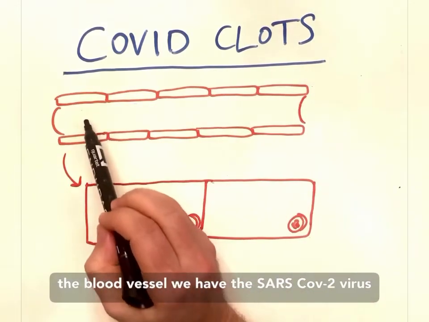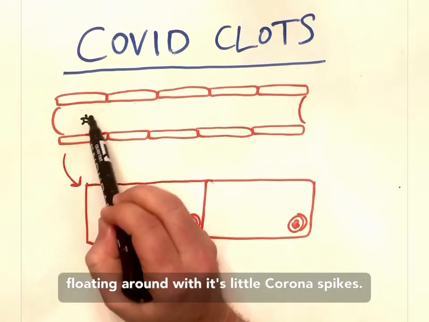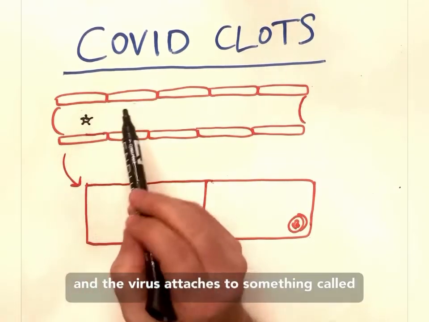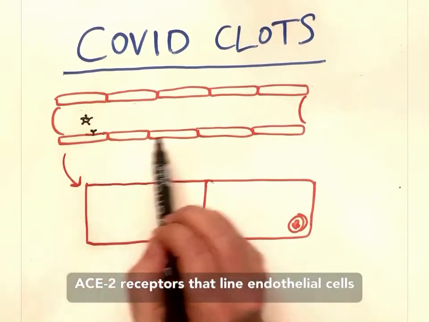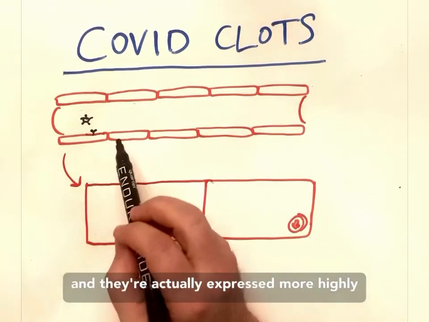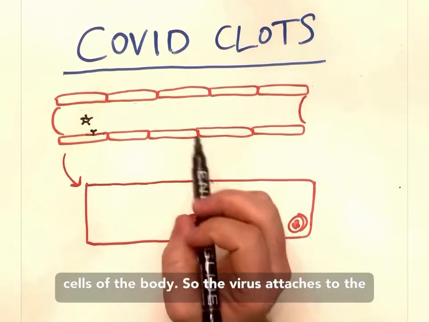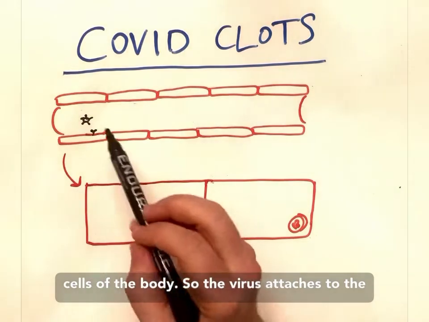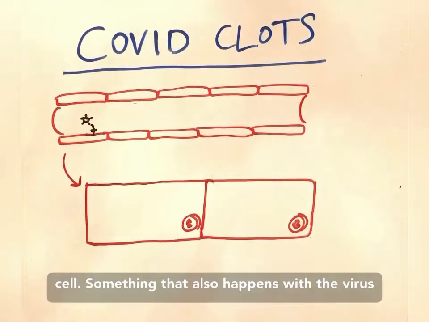Inside the blood vessel we have the SARS-CoV-2 virus floating around with its little corona spikes. The virus attaches to something called ACE2 receptors that line endothelial cells, and they're actually expressed more highly in endothelial cells of blood vessels than other cells of the body. So the virus attaches to the ACE2 and then gets enveloped and enters the cell.